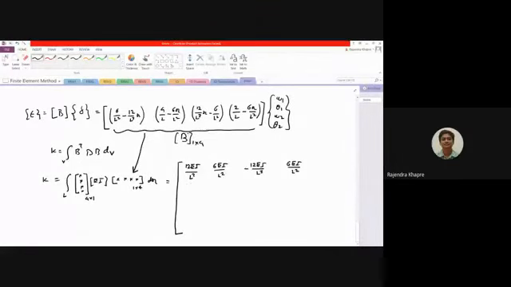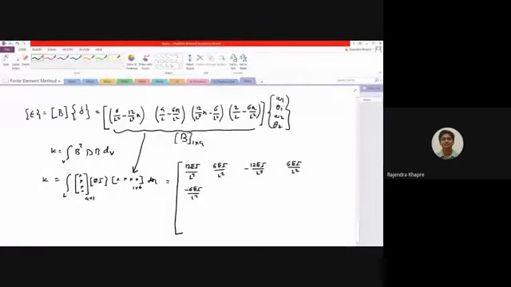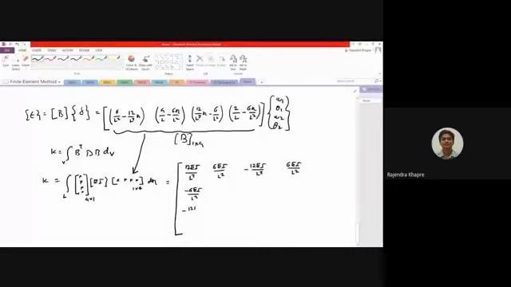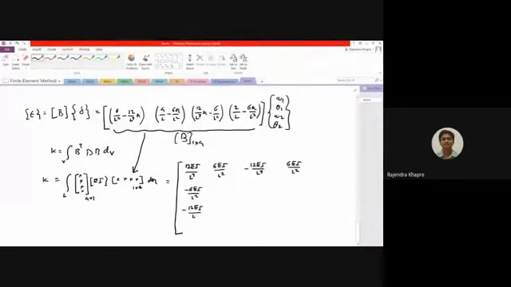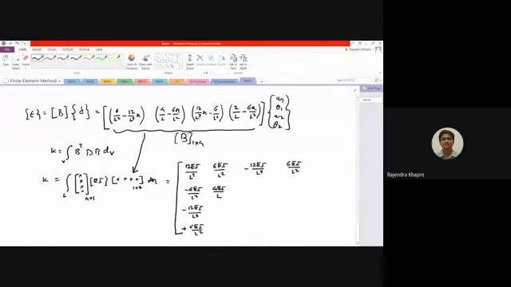Since it is a symmetric matrix, this will be minus 6 EI upon L square. This is minus 12 EI upon L cube, and this is plus 6 EI upon L square. Here we have 4 EI by L. Okay, this is minus 6.